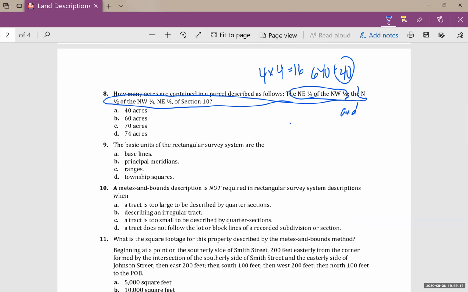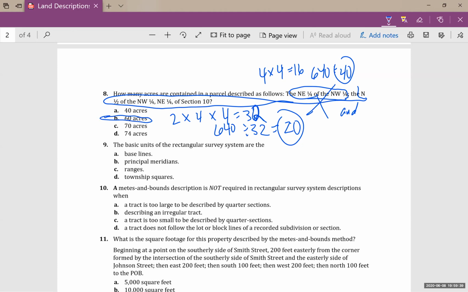And so 2 times 4 is what? 32. 640 divided by 32 is what? 20. So you got 20 plus 40. There's your 60 acres. Does everybody see that?